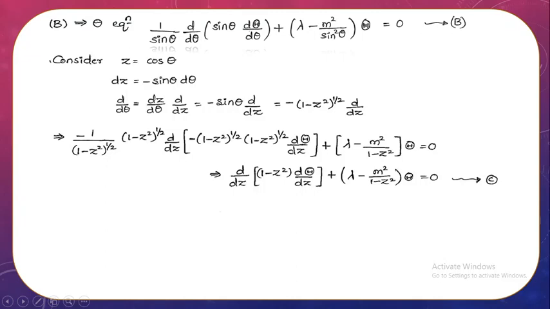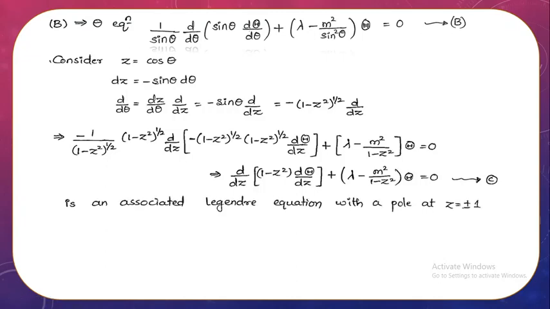This is taken to be equation number small c. This equation is the same equation which we observe in the associated Legendre equation. So when we solve for Legendre polynomials, we get the same equation where z equals cos theta, and the equation is represented as this, which is equation number C.